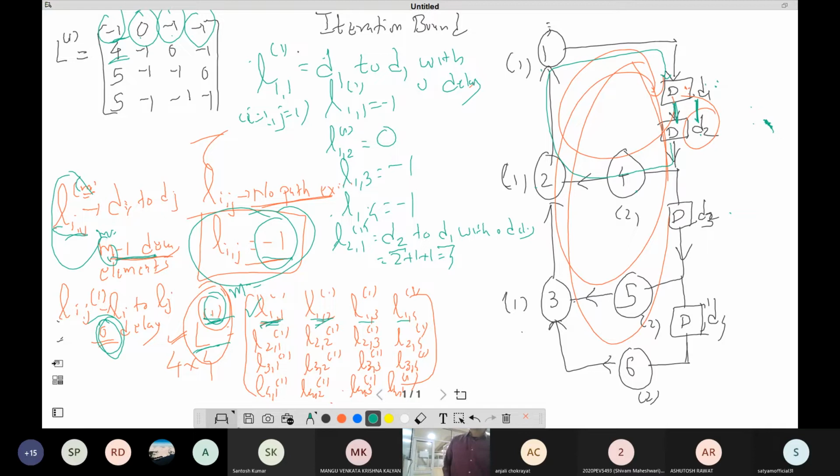The answer is already shown over here. So if you are not getting any element value as per this particular L1 graph, then let me know, I will explain. Otherwise, if you remember this formula, then you can do it.